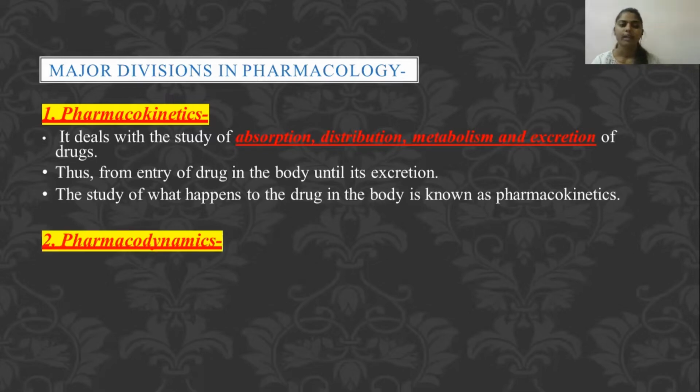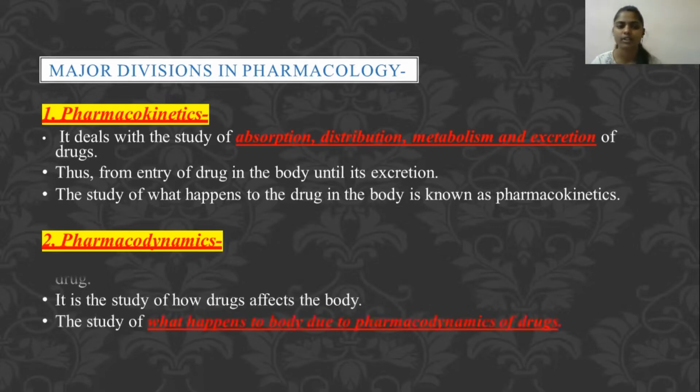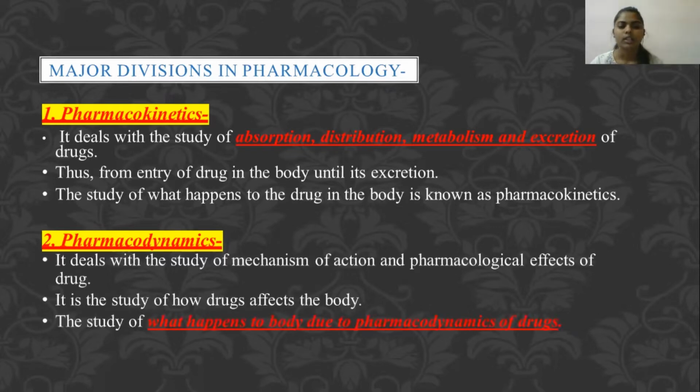Vice versa, pharmacodynamics is just the opposite action. It deals with the study of mechanism of action and pharmacological effect of the drug. That is, whenever we administer any drug, how the drug affects the body.